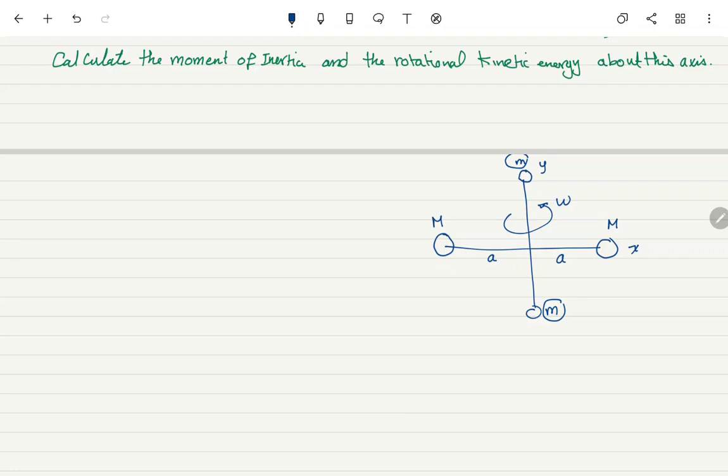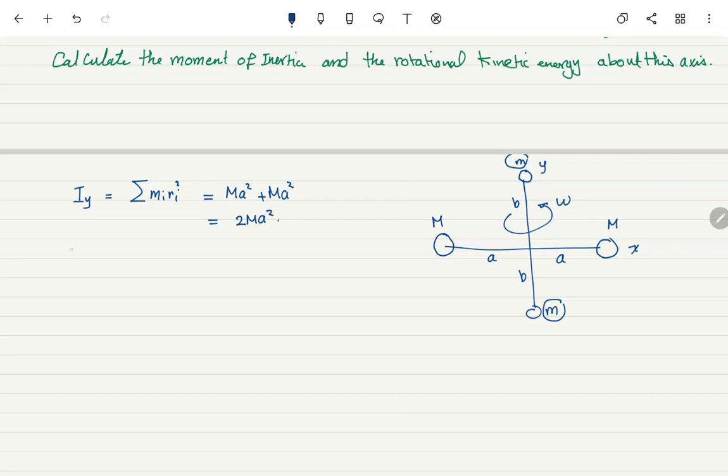Now here's the situation. The distance from the origin to the capital M is equal to a, and this distance is also equal to a, and the distance from the origin to the small m is equal to b, and this one is also equal to b. If the system rotates about the y-axis, in this case I y is equal to the summation of m i r i squared, which is m a squared plus m a squared, equal to 2 m a squared.